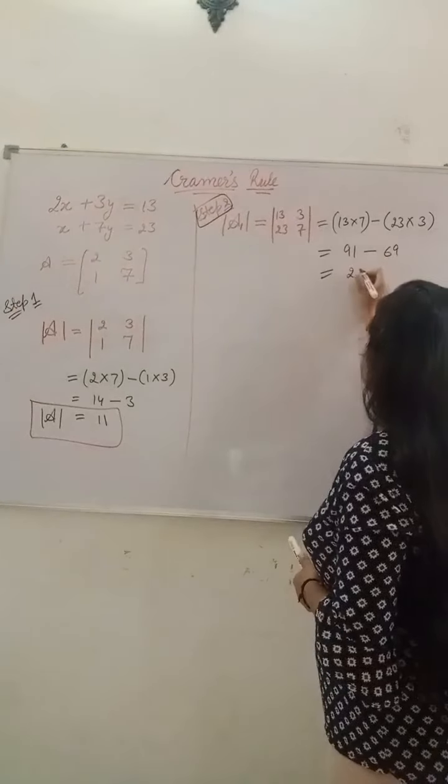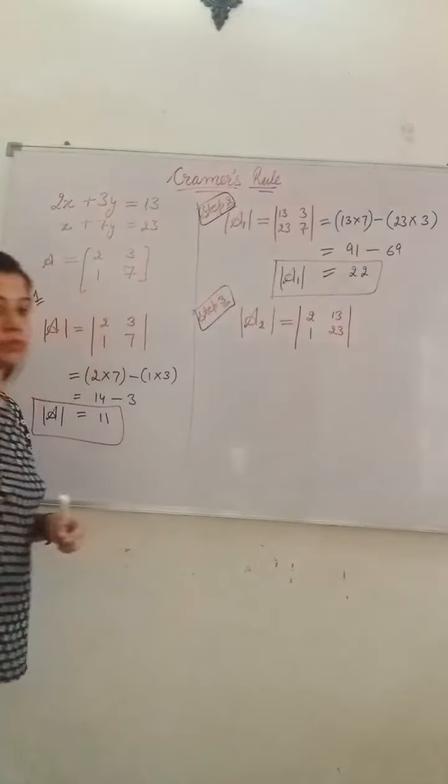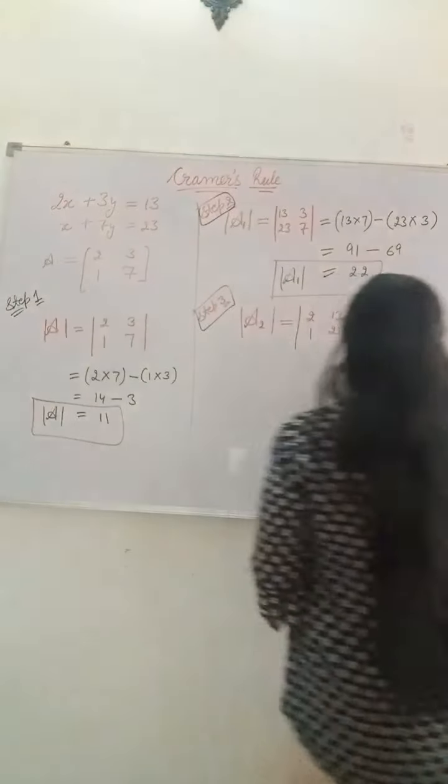Now step 3, I have to find determinant A2. For this, just put the first column as it is, and in place of the second column put these two constants, that is 13, 23.